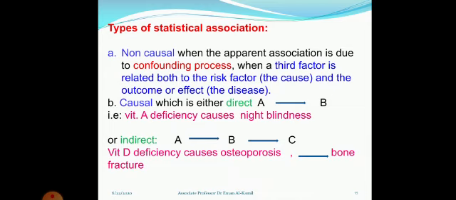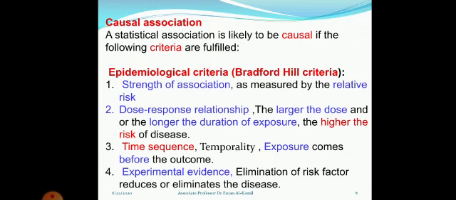So, direct effect. While the indirect association, for example, A produces B, then produces C. For example, vitamin D deficiency causes osteoporosis. Osteoporosis will lead to bone fracture or deformity, so it is indirect.